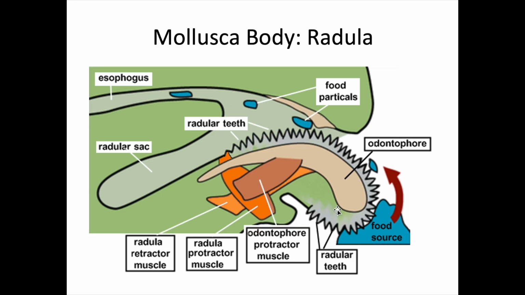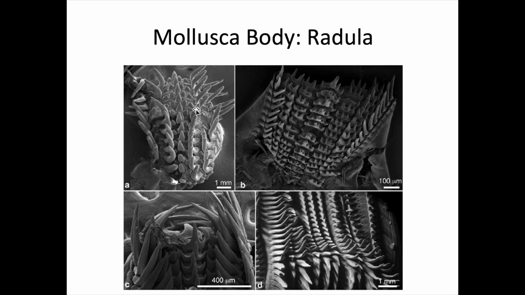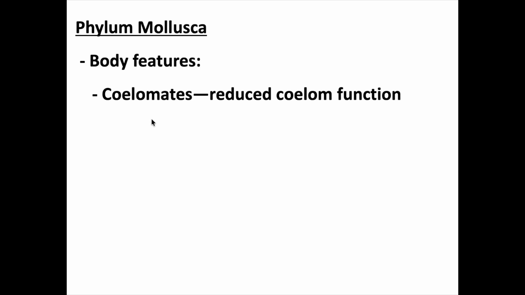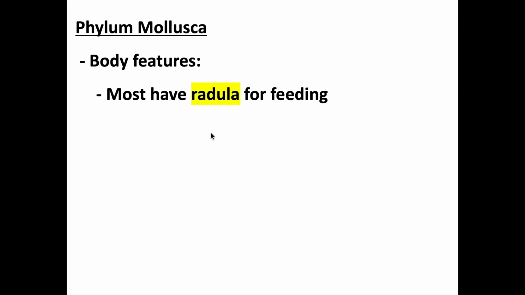And oh boy, this looks like some sort of wicked buzzsaw kind of structure. And if we look at some microscope images, oh, that's the stuff of nightmares here. Well, if you're getting scared looking at these horrible teeth, they're scraping algae off of rocks. So that's what the radula is used for. It's used for feeding, usually scraping things off of rocks. And most have a radula for feeding.